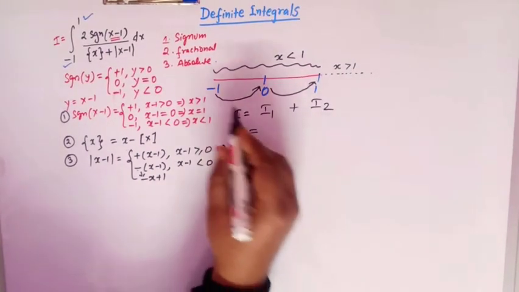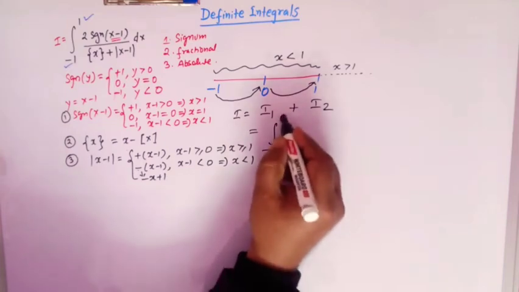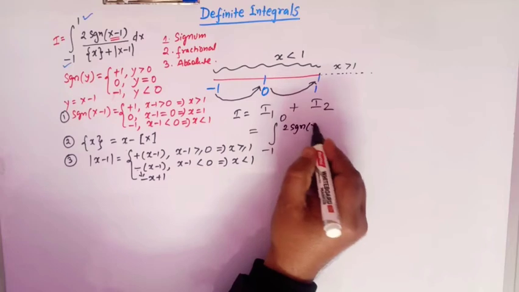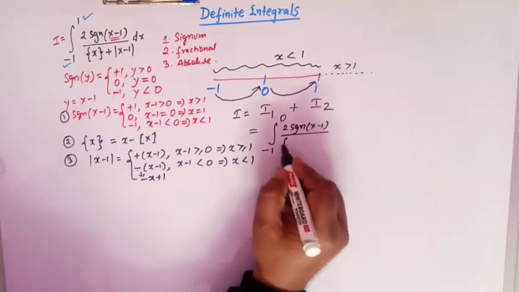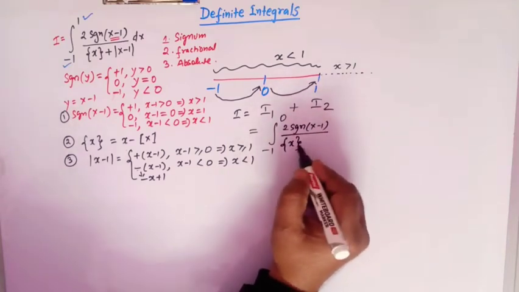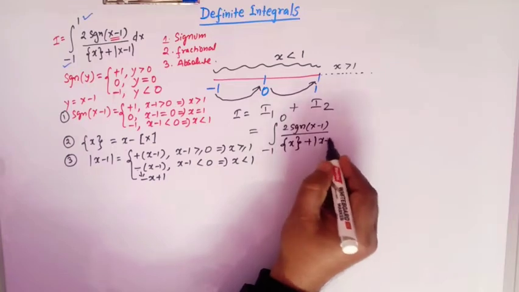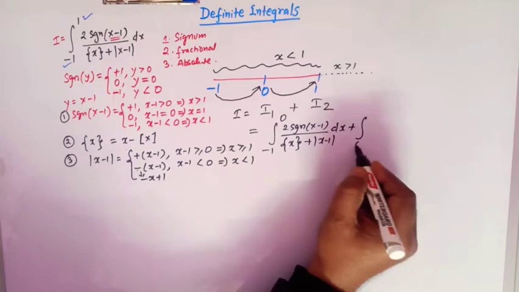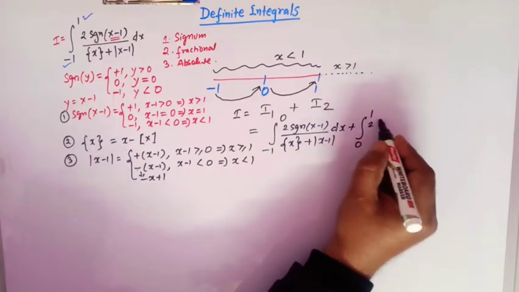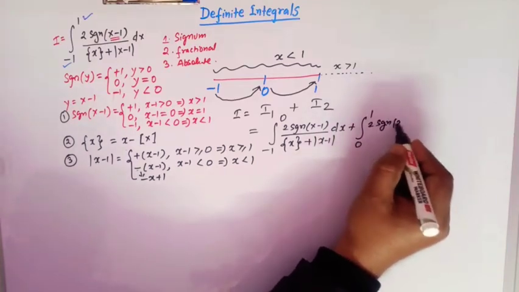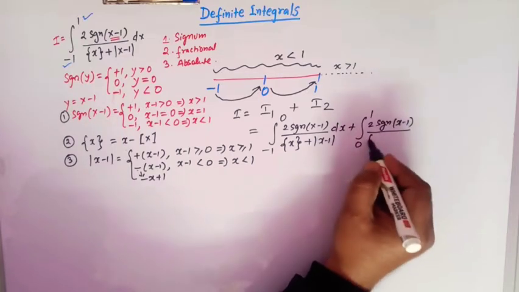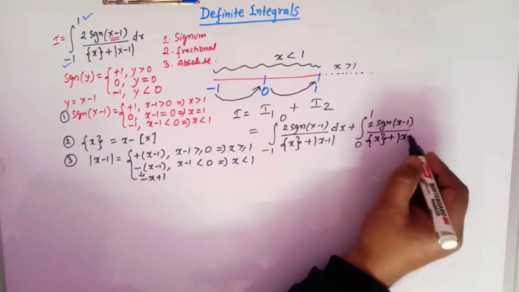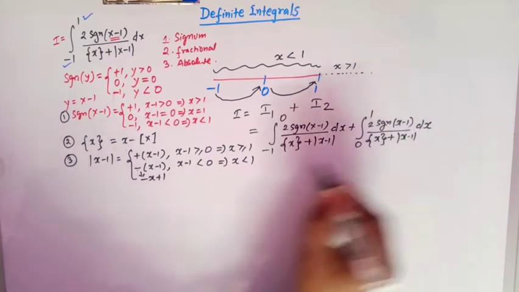So we have I1 plus I2. Now I1 is from minus 1 to 0, and we have the function 2 times signum of x minus 1 over fractional part of x plus mod of x minus 1 dx, and here we have from 0 to 1 the same function.